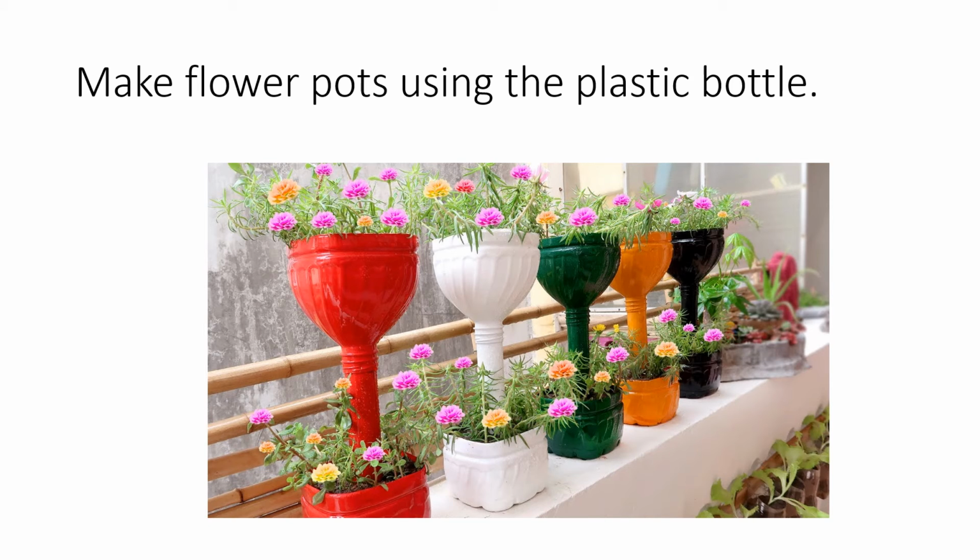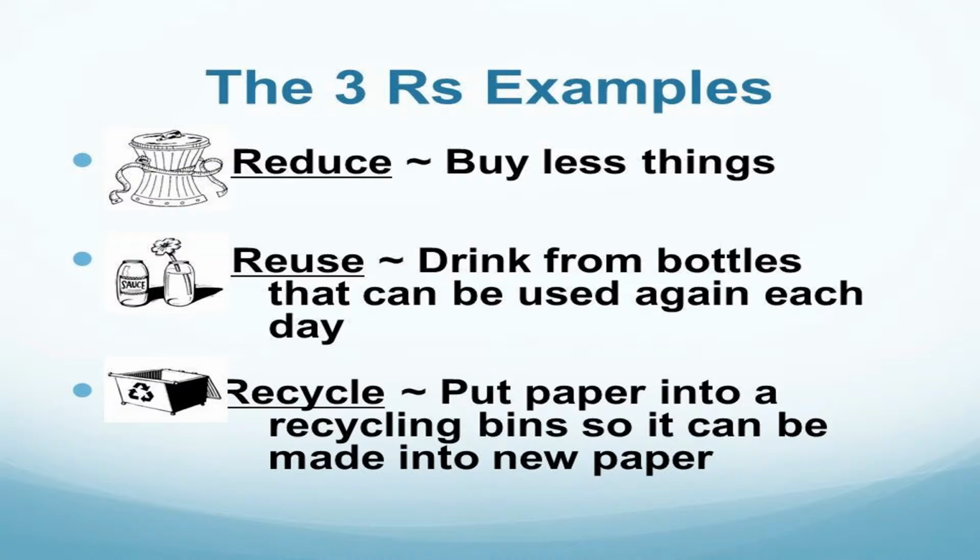Understood? So to summarize our lesson for today, which is about the three R's, and these are reduce, reuse, and recycle, we have here other examples for each of the three R's. So for reduce, buy fewer things, meaning do not buy a lot. Buy only the things that you need.